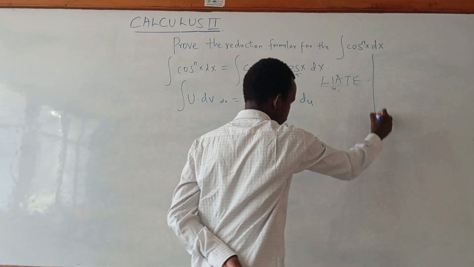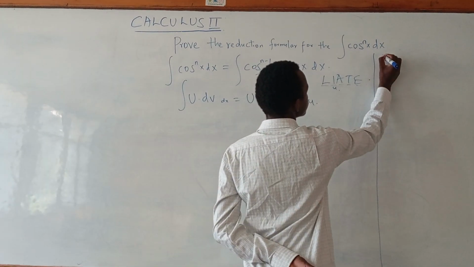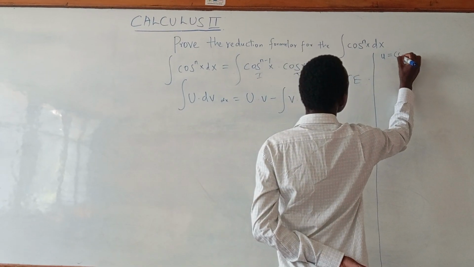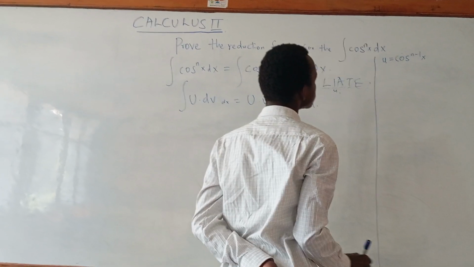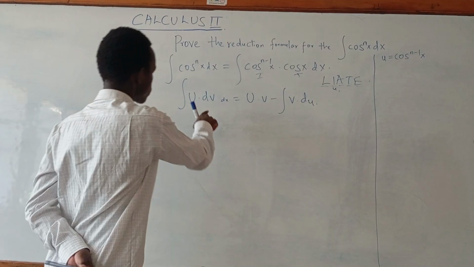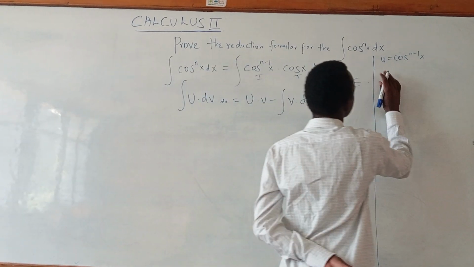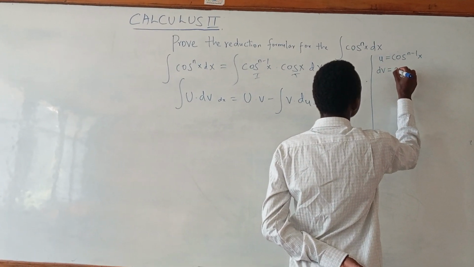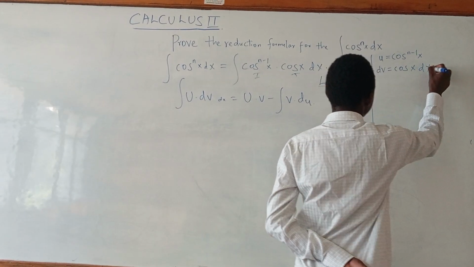Computing those, we get our u as cos to the n minus 1 of x. Our dv is everything else inside the integral, so dv equals cos of x dx.